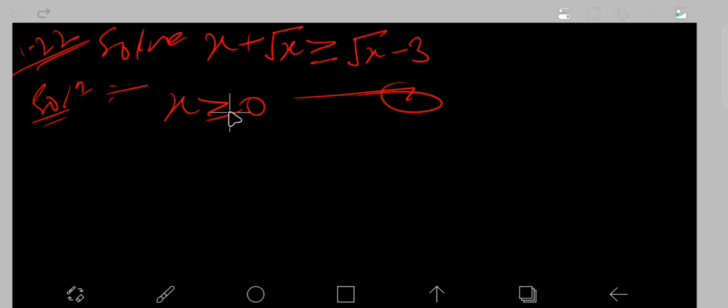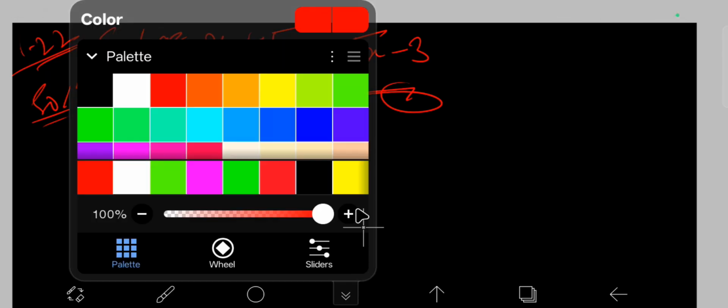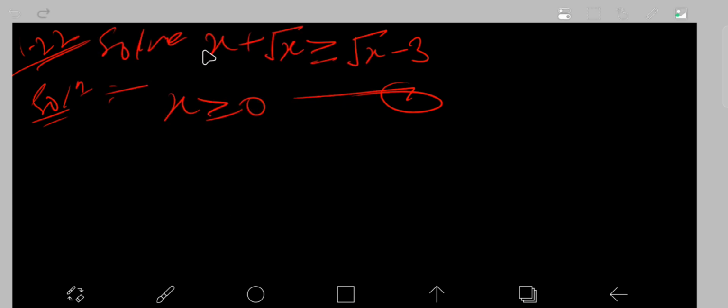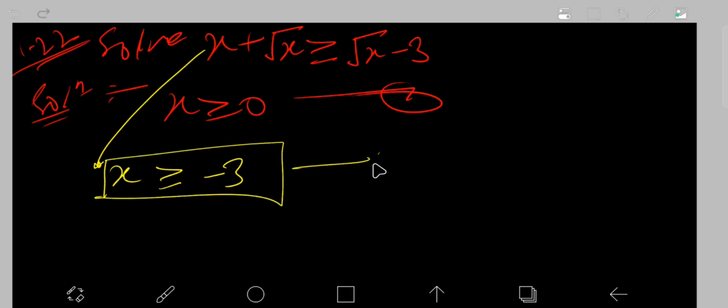When we subtract square root x from both sides, we get x is greater than or equal to minus 3. This is the second condition.